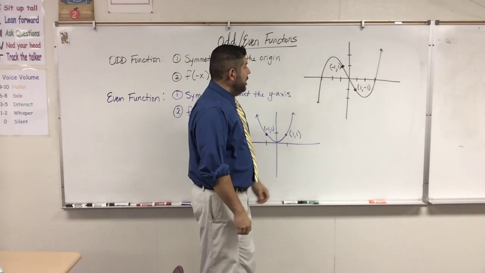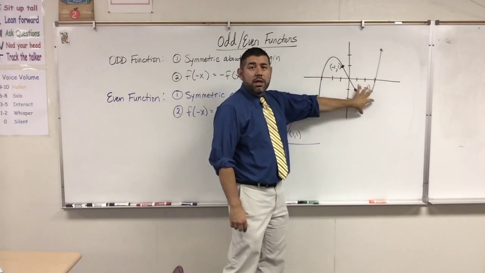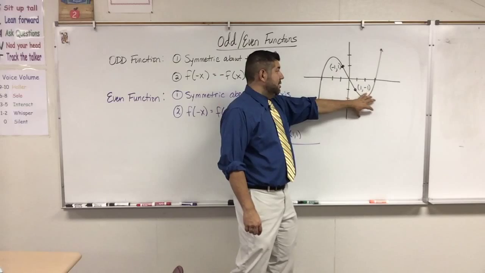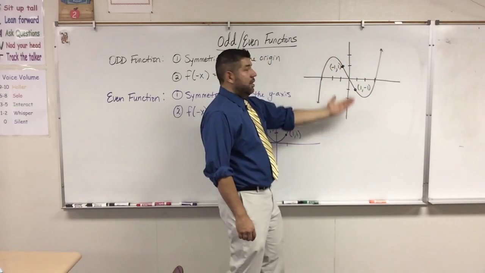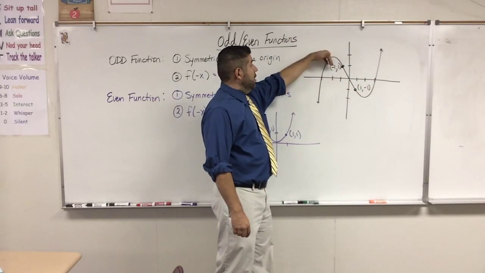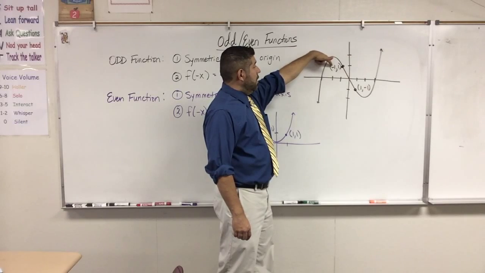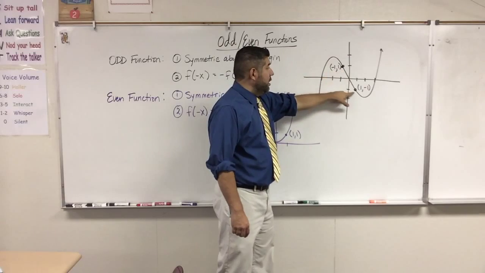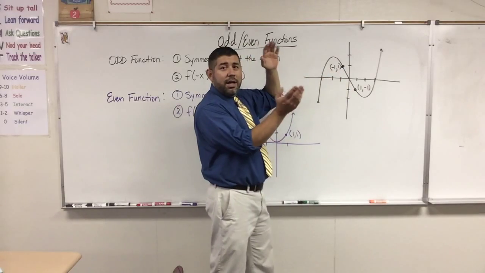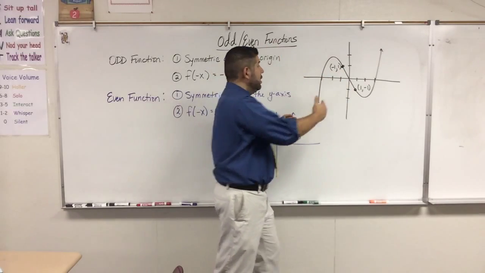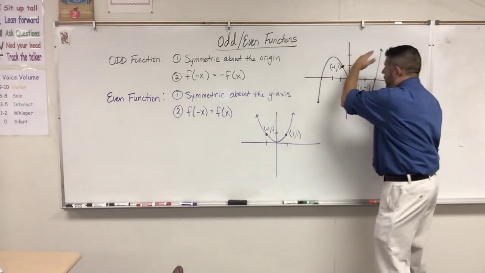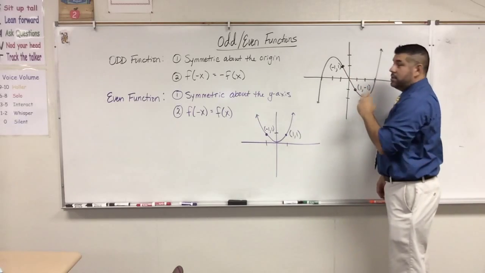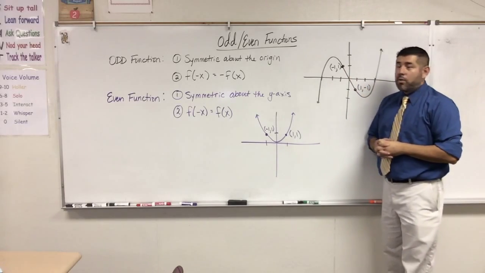Now, if we can find a value in, let's say, quadrant 4, that's the exact value, only kind of on the opposite side, in quadrant 2, if they're kind of like mirror images, then this is going to be called symmetric about the origin.